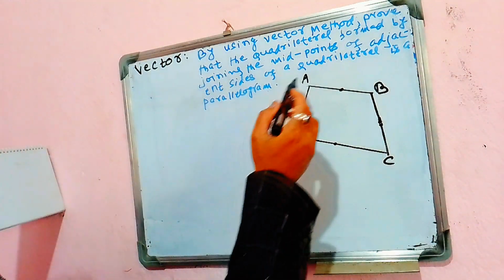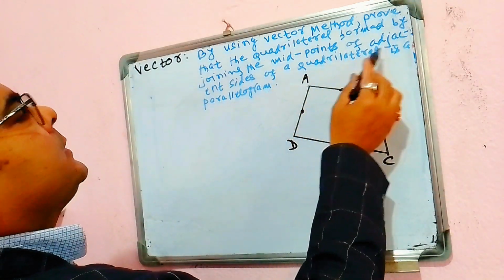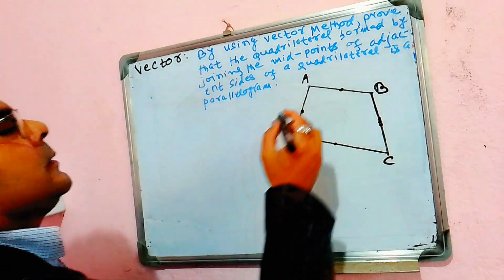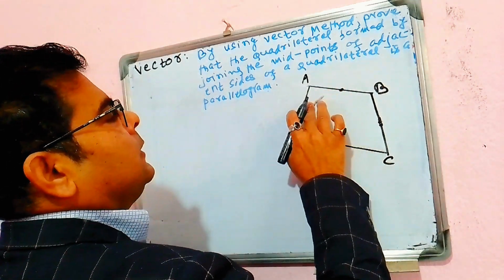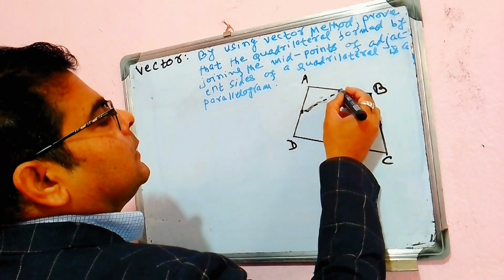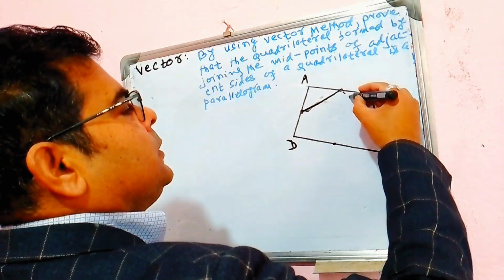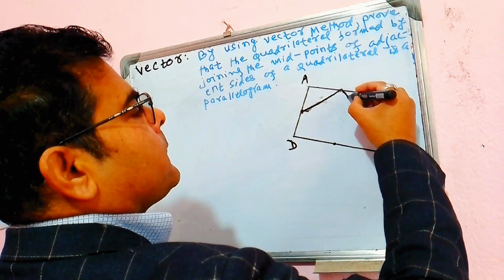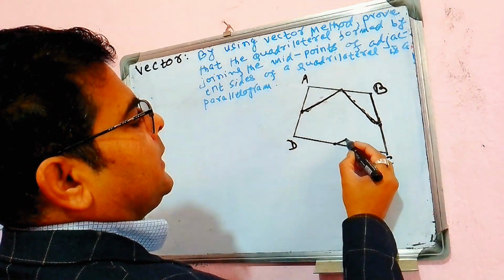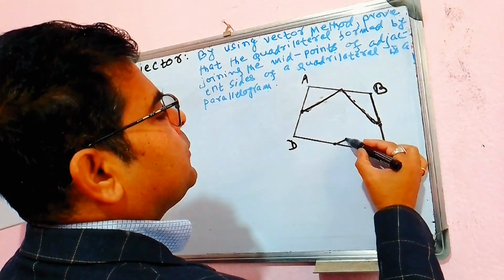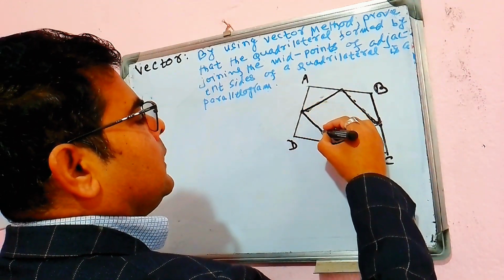The question says to prove that the quadrilateral formed by joining the midpoints of the adjacent sides of a quadrilateral is a parallelogram. Let's join the midpoints of these two adjacent sides, and also these two adjacent sides, and these are the midpoints.